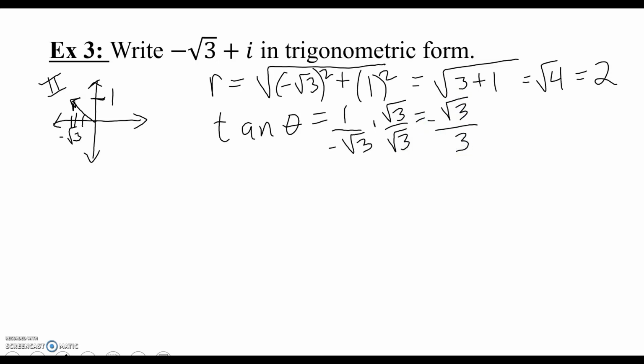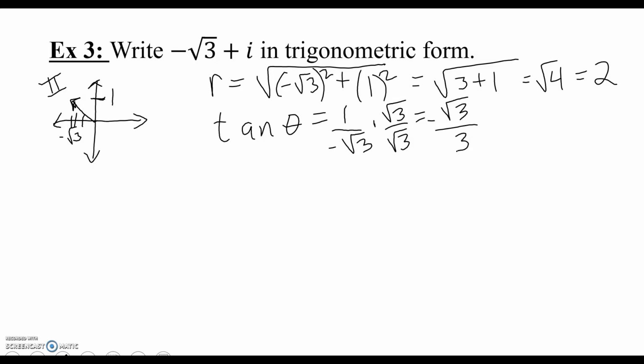One of the advantages of doing it that way is that you should be able to look at that and notice that this is one of our special angles. The angle that gives us the tangent to be square root of 3 over 3, the reference angle for that is 30 degrees.